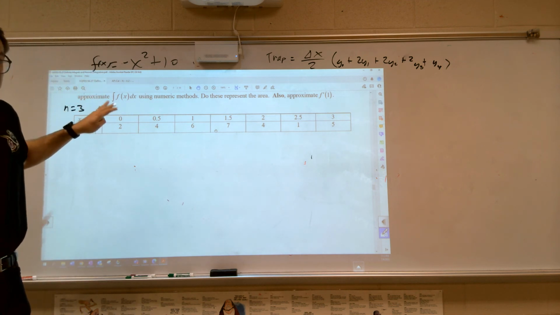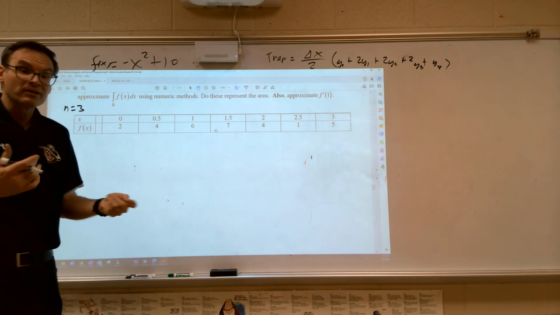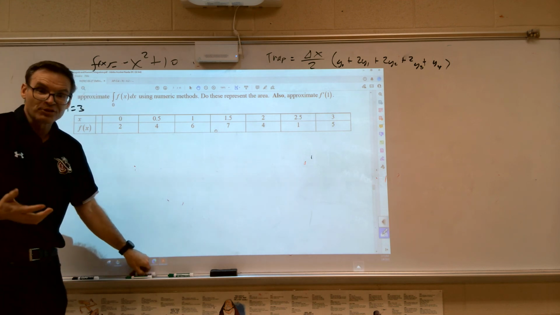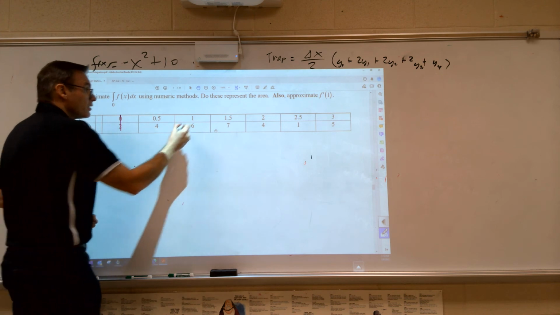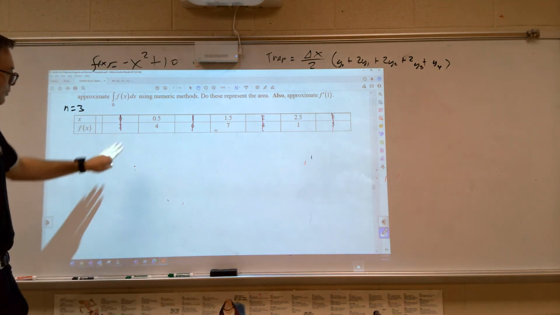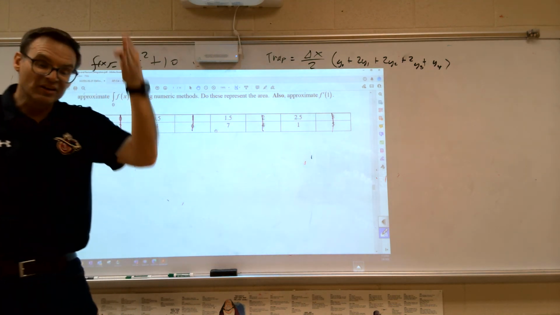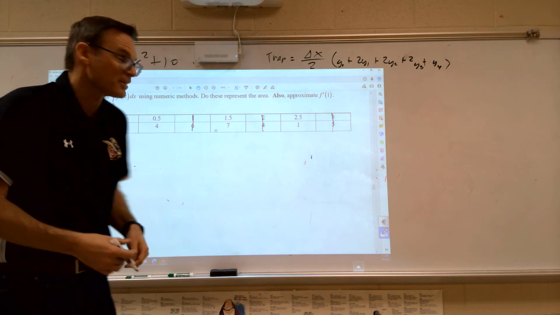When you have a chart, first, if it says 3 rectangles, you want to draw your rectangles on the graph, and you draw through the numbers. So I'm going to draw through here, here, here, and here. And if you look at it, you can see I've got a rectangle here, here, and here. I have 3 rectangles. If I just draw lines through every number, then I get too many rectangles.